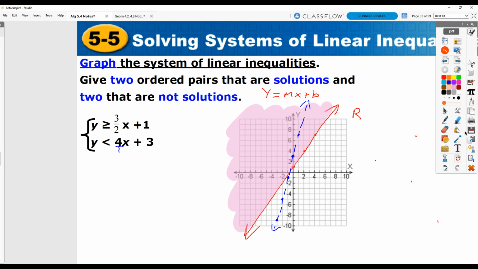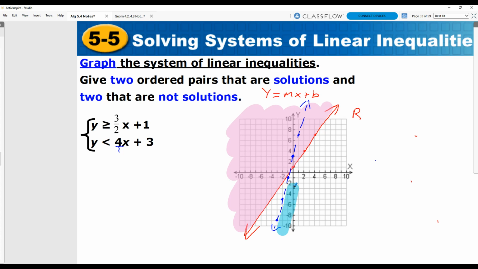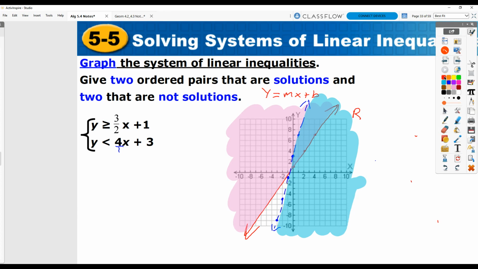So here's what our shading is going to look like. We're going to shade everything underneath of this blue broken line. Okay, so if we do some shading, all of this area is going to get shaded here. Okay, so we got our shading done.